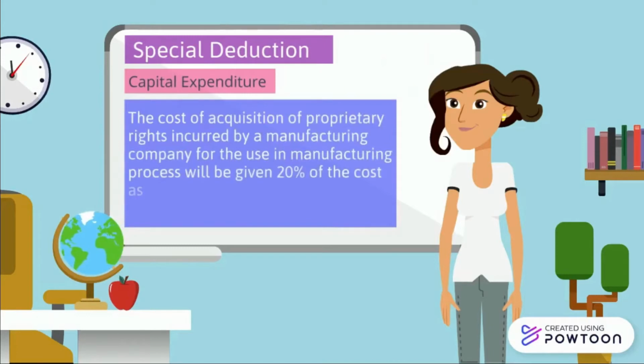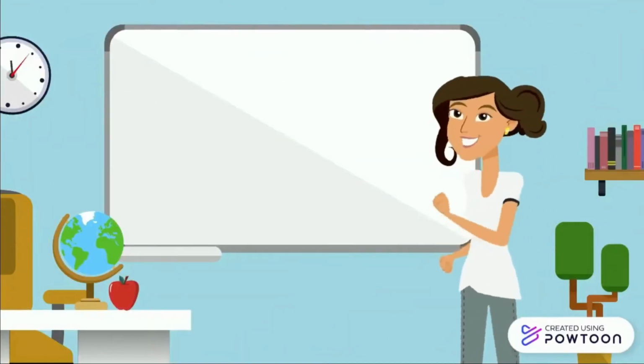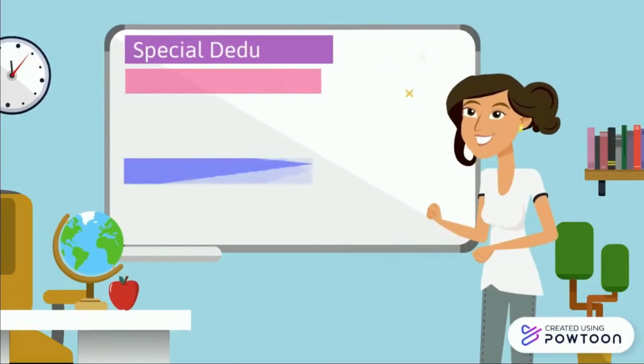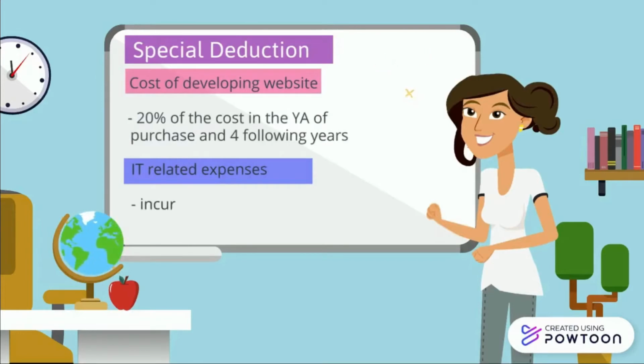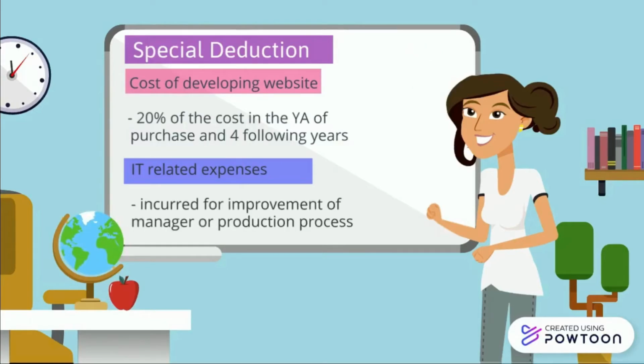For example, 20% of the cost of acquisition of proprietary rights is given deduction in the year of purchase and for following years. Moving on, the cost of developing a website as well as IT-related expenses are also given special deduction as mentioned above. More examples are available in the textbook.